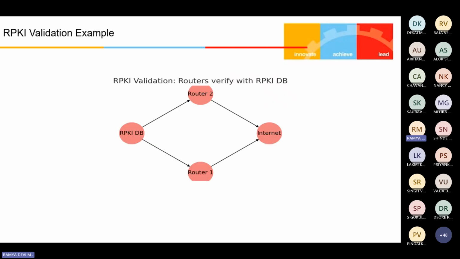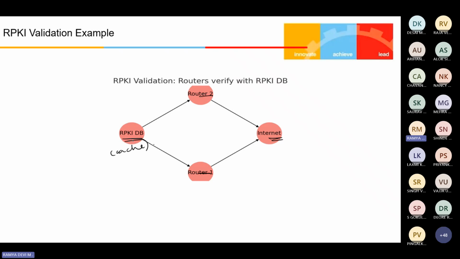Right? So the next one is we'll see how our RPKI validation is done. So we have our RPKI database. This is the validator cache. So there are two routers, R1 and R2, connected with the help of the internet. So you have Resource Public Key Infrastructure.